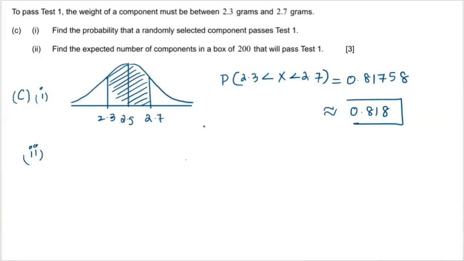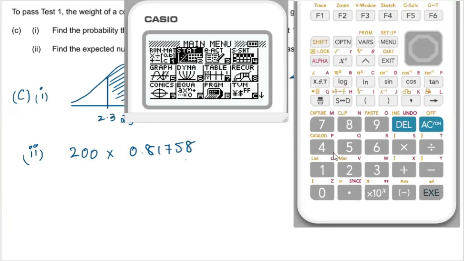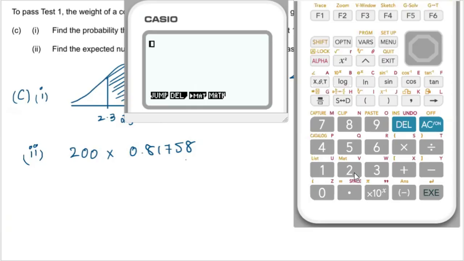Since the expectation is the number times the probability of success, write 200 times 0.81758 and let's get this value. So I go to my normal part of the calculator. For expectation, you can check the formula in the formula booklet.